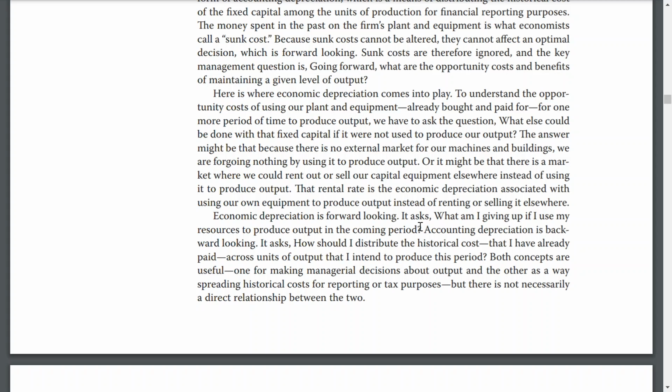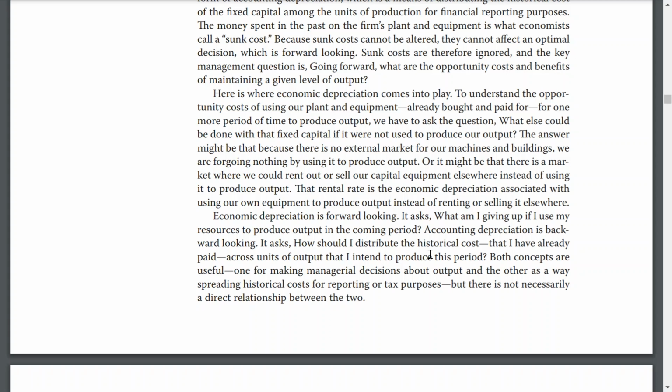Economic depreciation is forward-looking. It asks, what am I giving up if I use my resources to produce output in an upcoming period? Accounting depreciation is backward-looking. It asks, how should I distribute the historical costs that I already paid across units of output that I intend to produce this period?